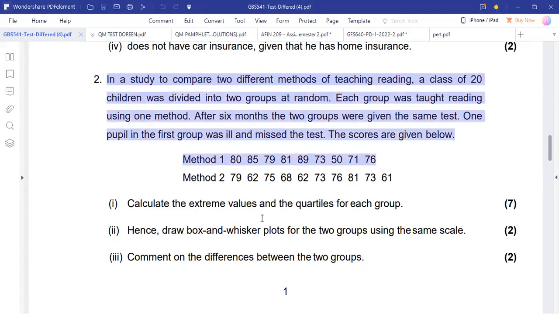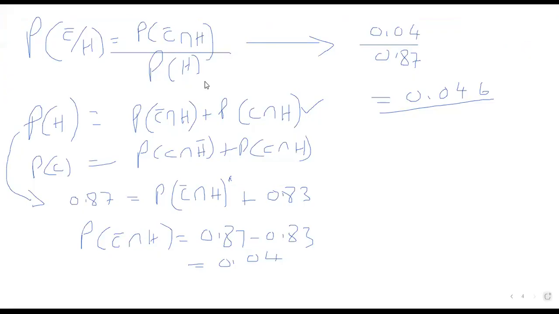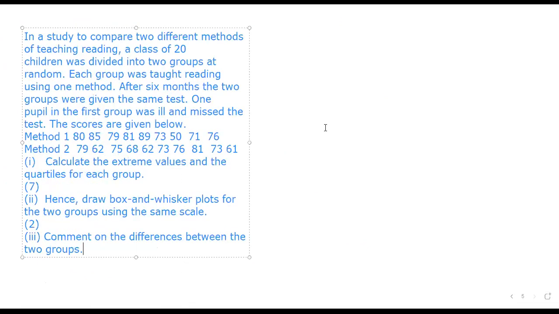So remember, this is topic 1. How do we find the extreme values? And how do we find quartiles? Okay, can anyone lead us? Who wants to try to take us through?